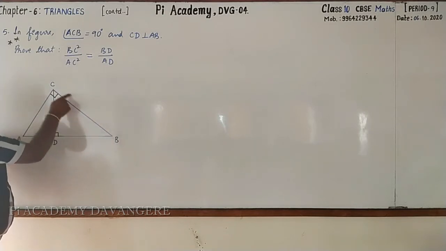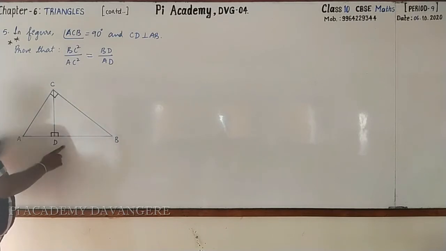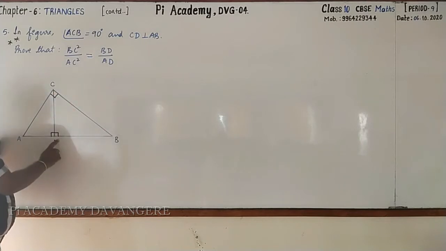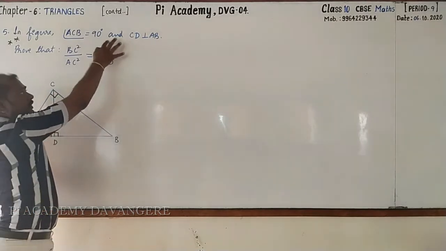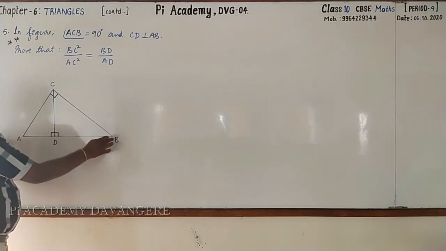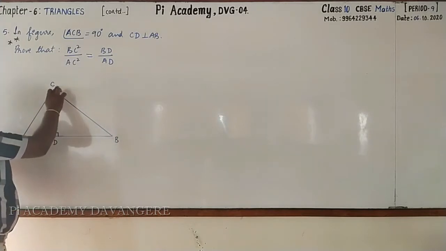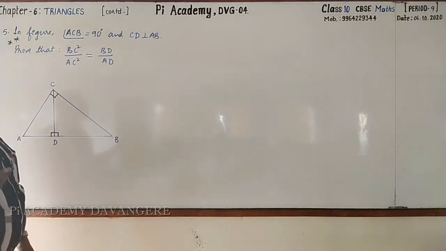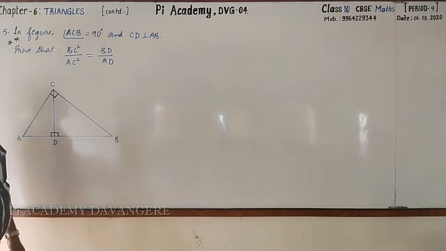See that BC square is BD square plus CD square. Whereas AC square is AD square plus CD square. And dividing, will we get BD by AD? See that we get BD square plus CD square by AD square plus CD square. After that, we find it discomfort to go for further simplification. Then what best thing we can do? Observe.